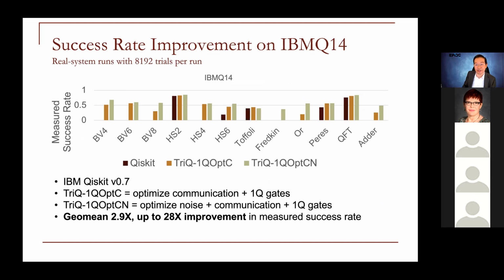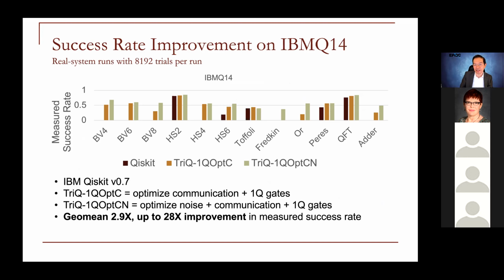So if we run this on a number of different quantum circuits on, in this case, a 14 qubit quantum machine back in 2019, what you see is if you compare the native IBM software, which is the darkest bar where it says Qiskit, and here higher is better, right? It's a success rate of the application.